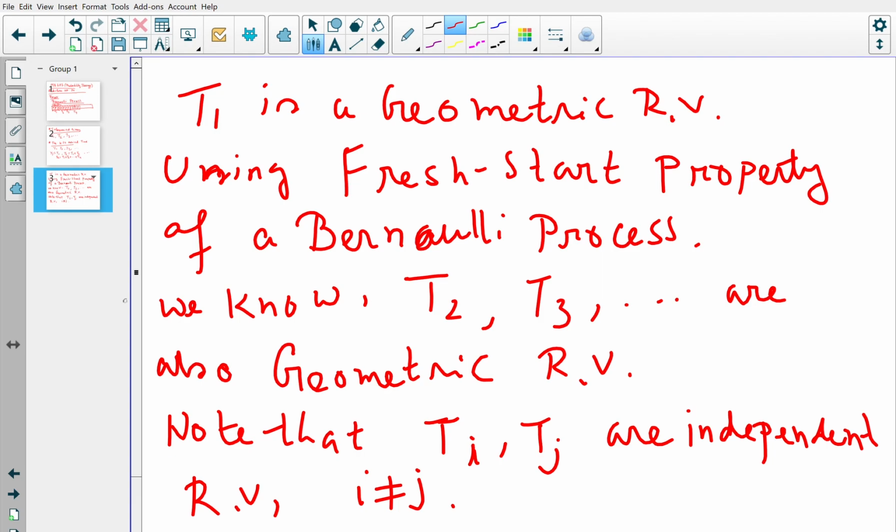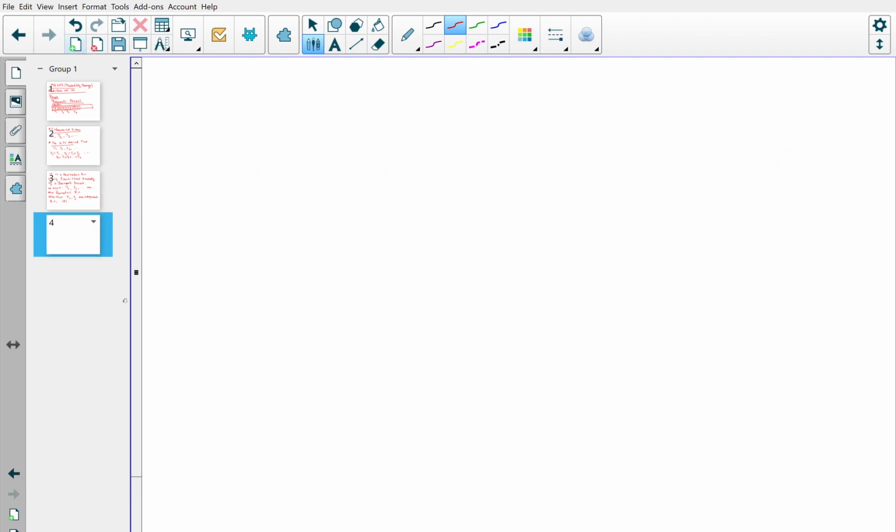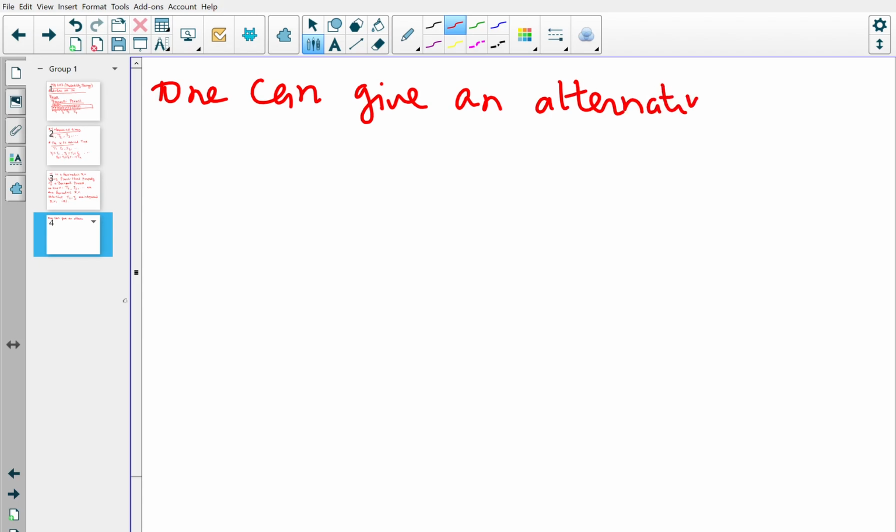So now one can give an alternative definition by these inter-arrival times.